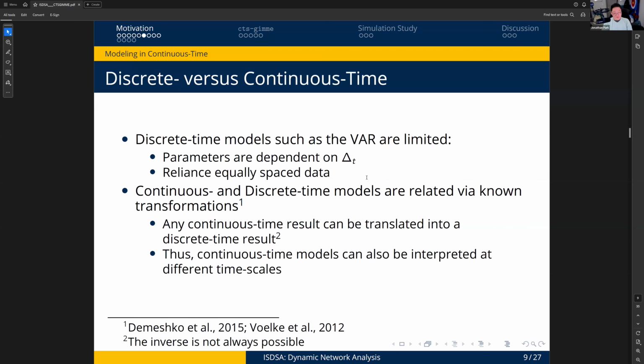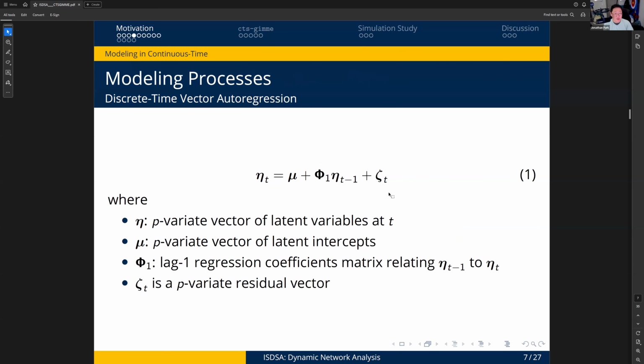And despite the fact that these are different models, they are quite intricately tied and connected to one another. In discrete time models, such as the VAR, parameters, as I've mentioned, are dependent on your sampling rate, and they generally want you to have equally spaced data, right? So if we go back to this equation, the idea is that eta at t is predicted by eta at t minus one.